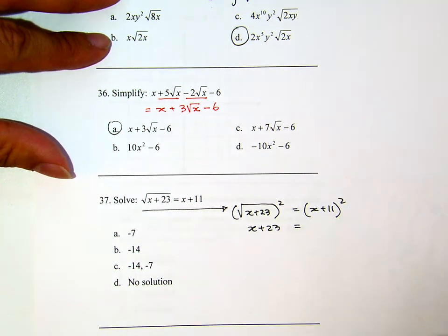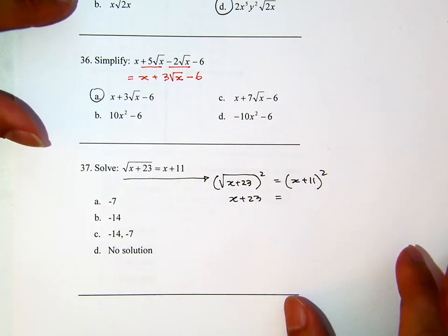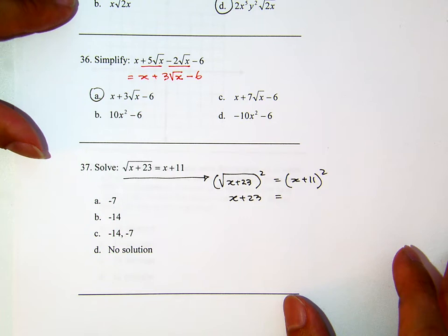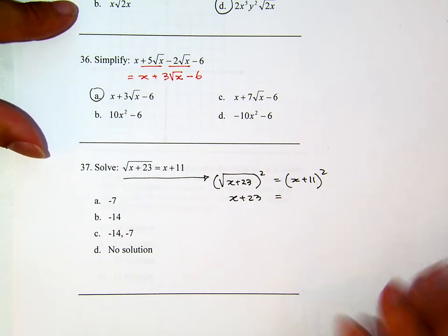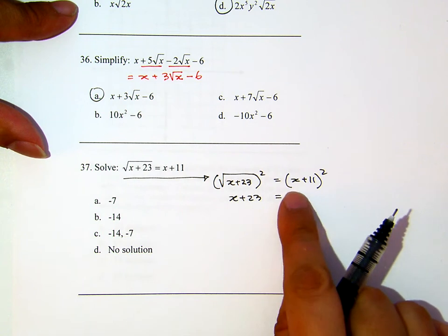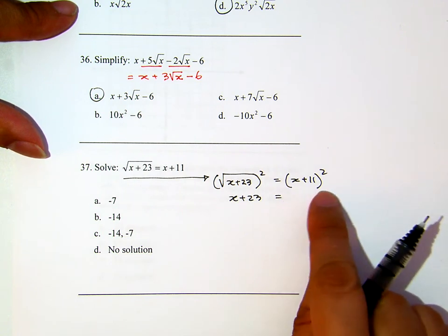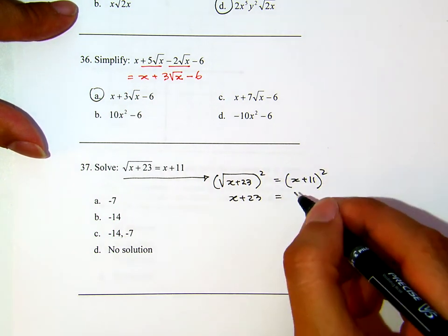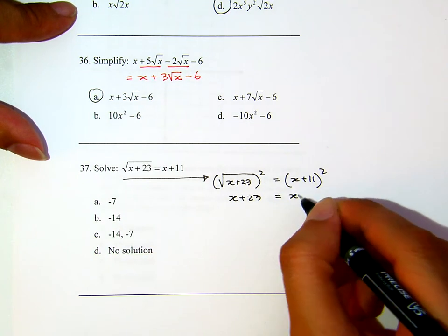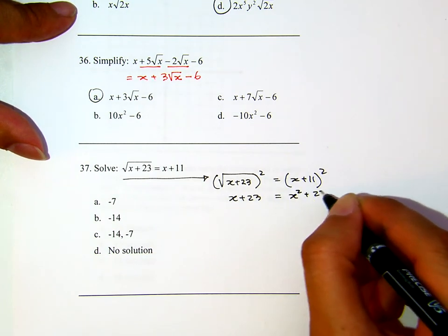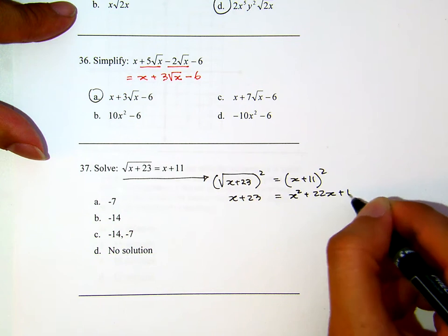You need to be an expert and know where students tend to make mistakes. It is actually here. We are not squaring them term by term. We are squaring that as a binomial, and that will be x squared plus 22x plus 121.